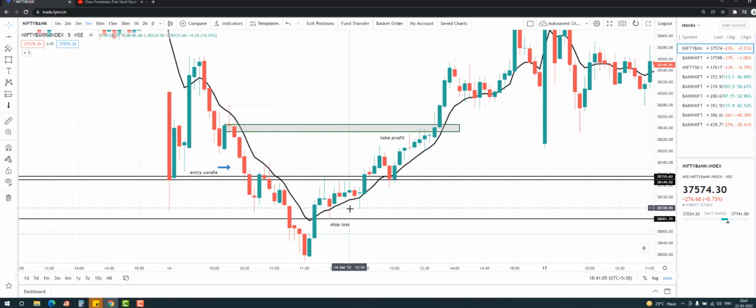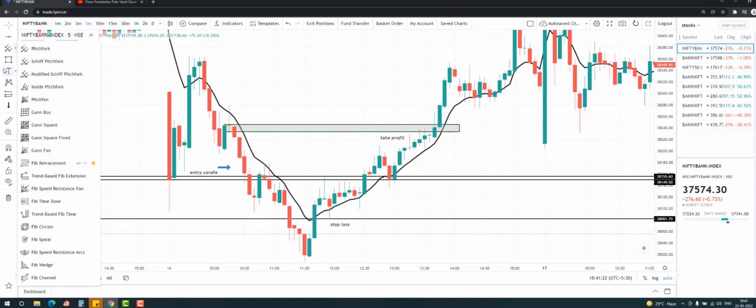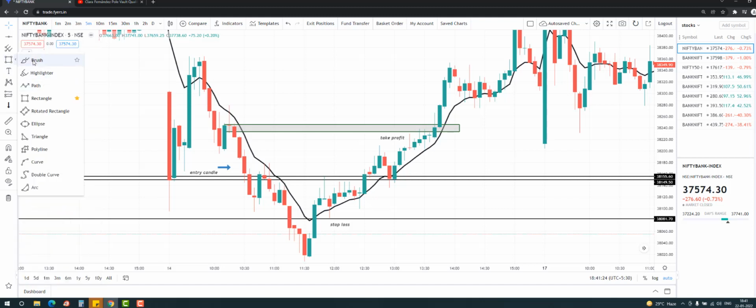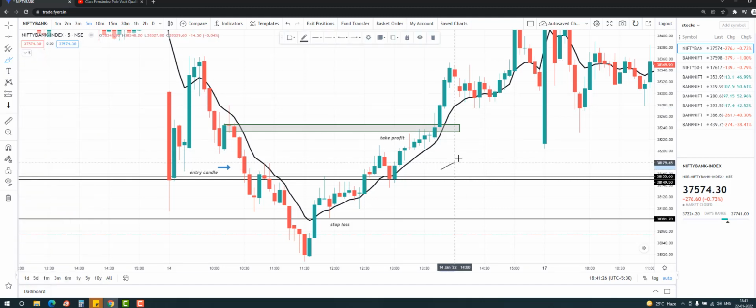The first thing is your 9-period moving average should be plotted, and it should be slanting in an upward direction, which shows the market is moving up. Only then is this strategy going to work.